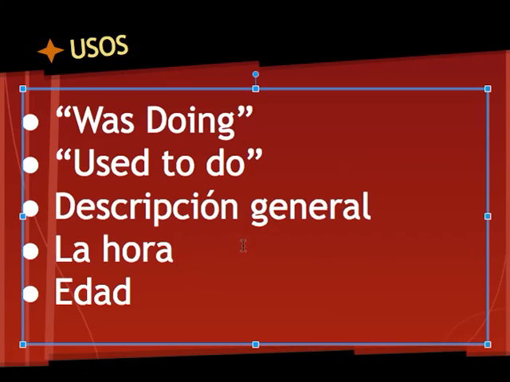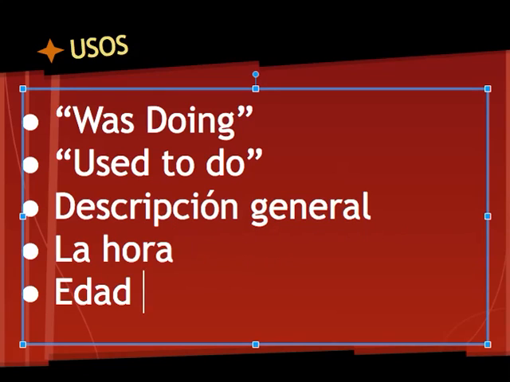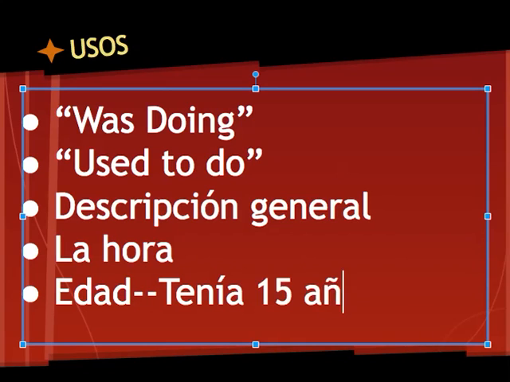Okay? And then time. If I want to give description in the past about a certain time, for example, it was 10 o'clock: eran las 10. Eran, right? So eran las 10 de la mañana o de la noche. Then edad, when you want to say how old you were, for example: yo tenía 15 años cuando fui a España por primera vez.